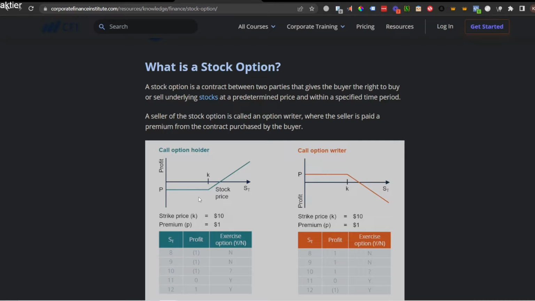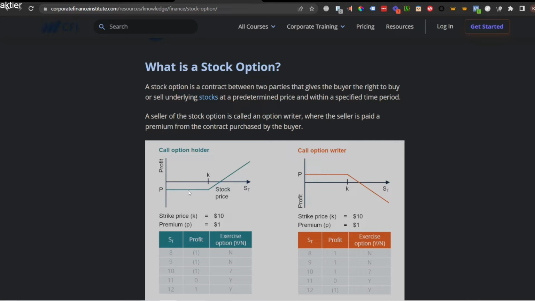Let's understand that what you do is you buy this option, and what you hope is the price goes beyond the strike price. So here you have the stock price, and let's say you buy a call option, which is a long position, and what you hope is the price goes further up beyond the strike price, and in that case you make profit.